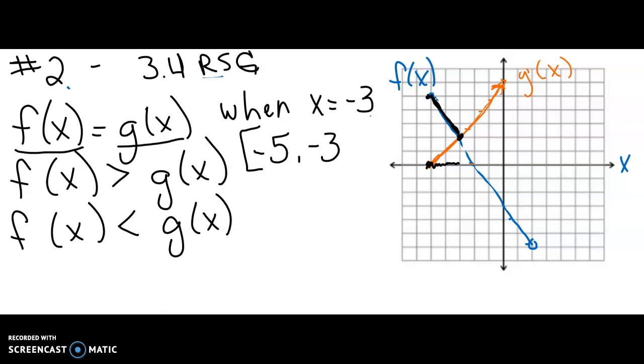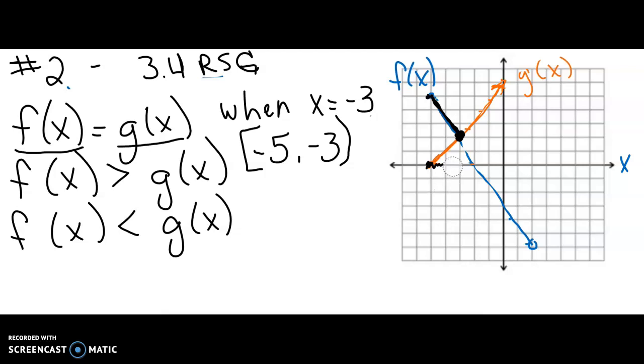But on this end at -3, that's this point right here. That's that point of intersection. And at that point, they're actually equal. So I'm going to use an open bracket, meaning up to -3, but not including -3, f of x is bigger than g of x.